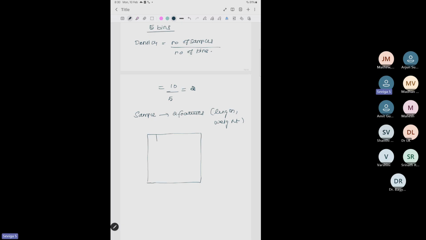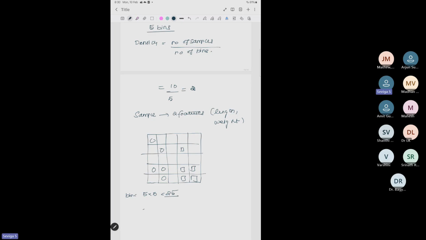Let us assume that every side has 5 segments. Now we can spread out our samples like this. Each side has 5 segments, so the number of bins is 5 cross 5, that is 25 bins.